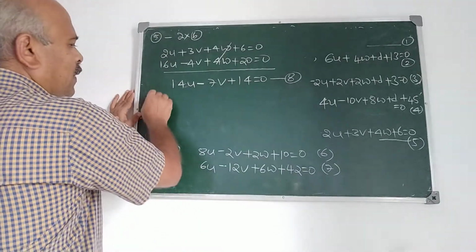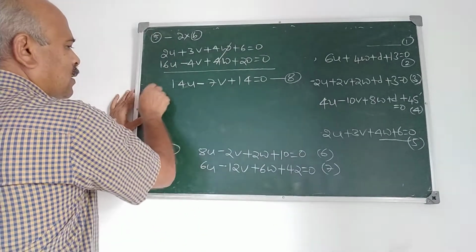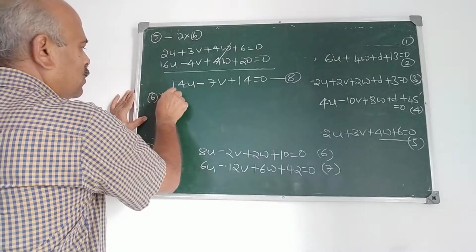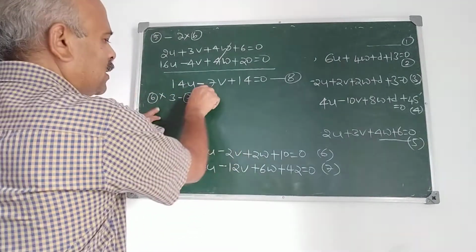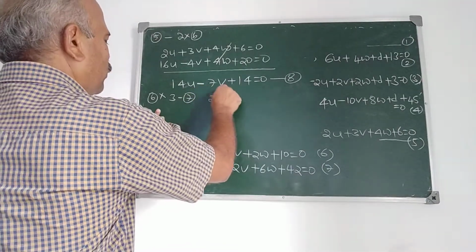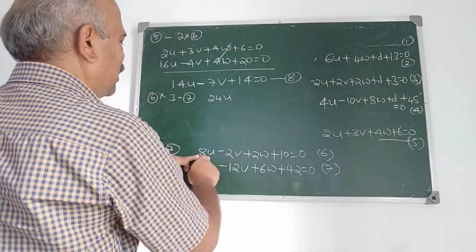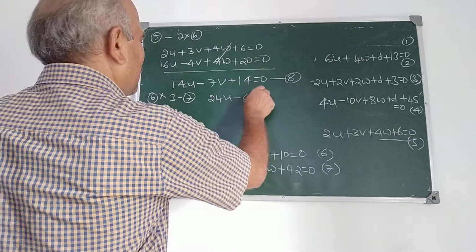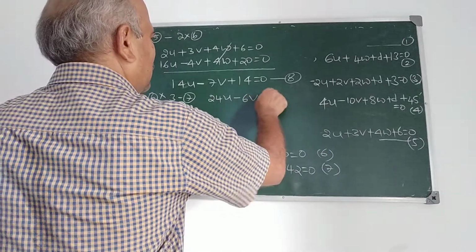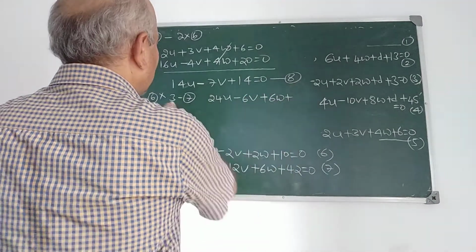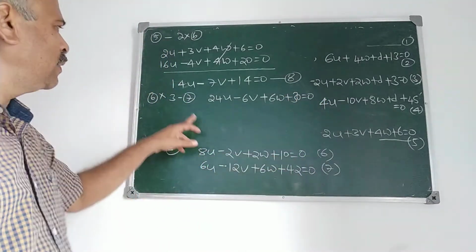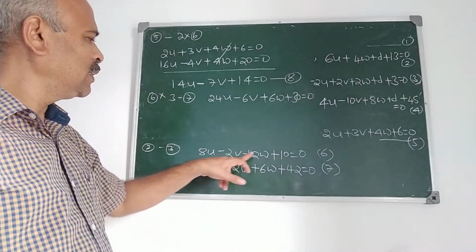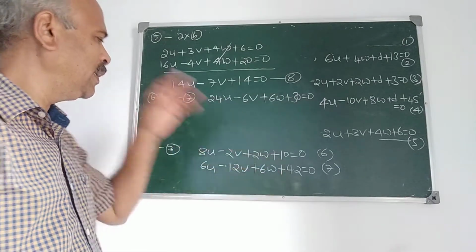How to eliminate w from these two? For that, equation 6 into 3 minus 7. So we get 6 into 3, 24u into 3 minus 6v plus 6w plus 30 is equal to 0. Am I correct here? 24 minus 6 plus 6 plus 30.